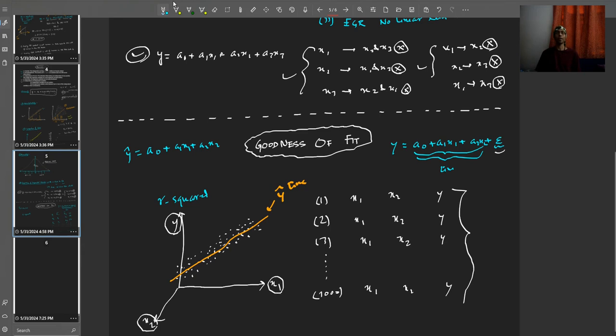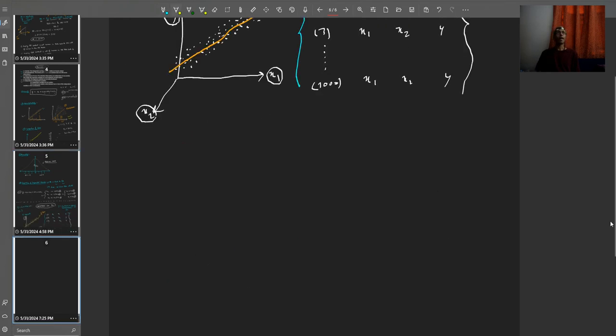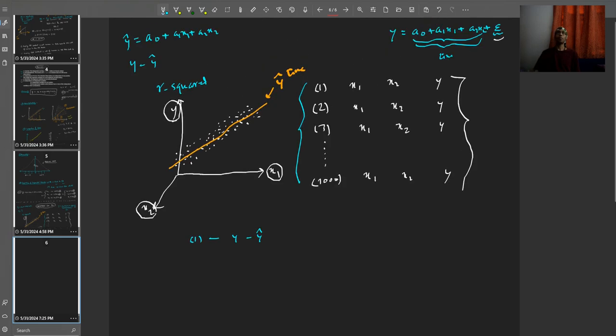Some are above, some are below. So when you try to measure y predicted, there will be some error in each of these values. So what is the error? This error is nothing but y minus y hat. So for each of these examples, we can measure y minus y hat, right? We can have 1000 sets of y minus y hats. Set number 1, y minus y hat from row number 1, let's say.